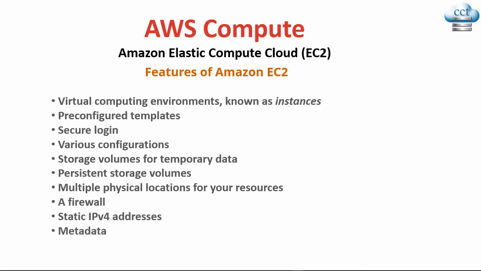Metadata, known as tags, that you can create and assign to your Amazon EC2 instances or Amazon EC2 resources. Now, if you're just starting out, I suggest you put as many tags as you can. So you can put tags for anything you want, really.